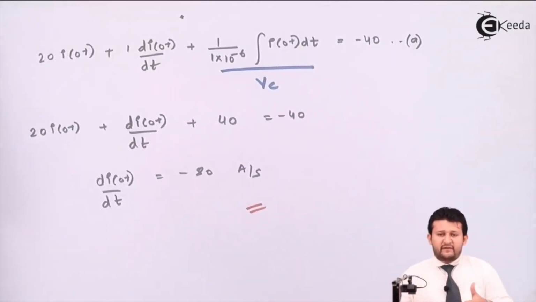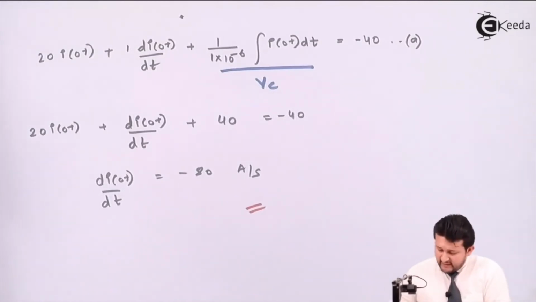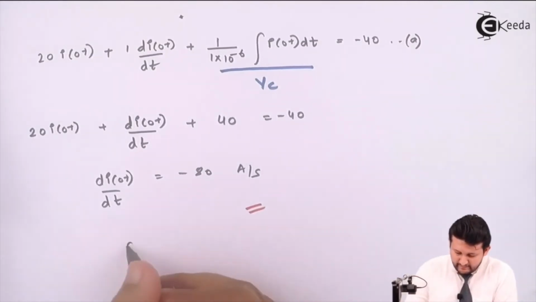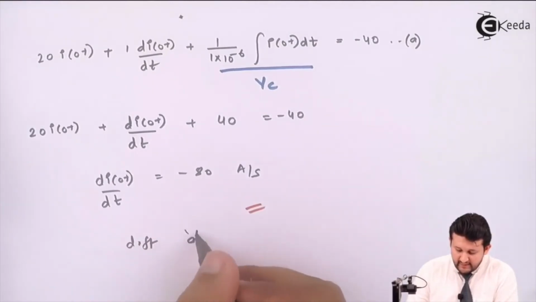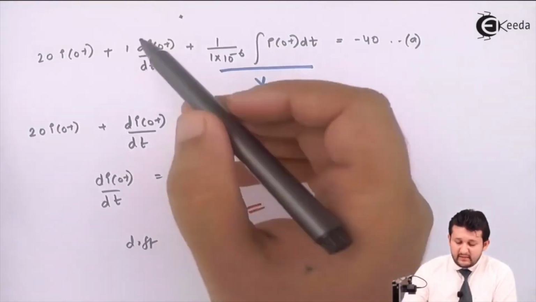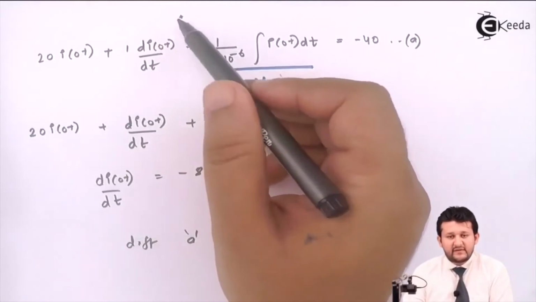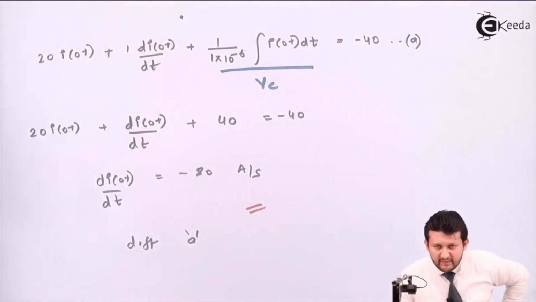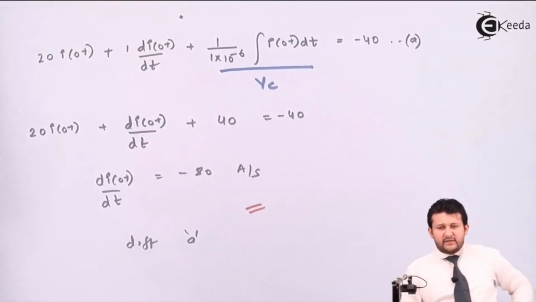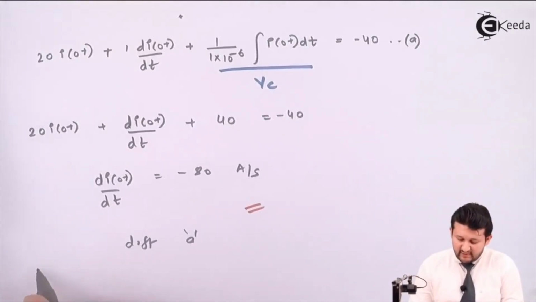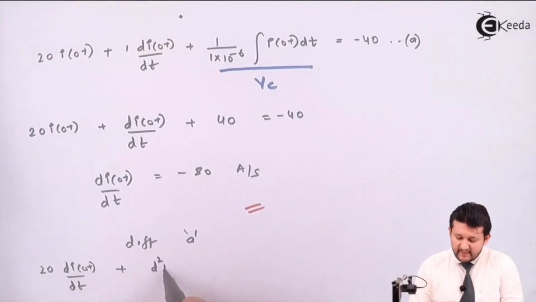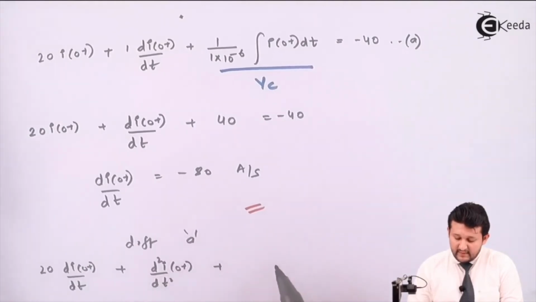So we need to find the value for i, di by dt and d square i upon dt square. For finding d square i upon dt square, I need to differentiate A. Since it is having di by dt, if I differentiate this, I'll be getting d square i upon dt square. So let's differentiate equation A. The equation which you'll get is 20 di upon dt plus d square i upon dt square at 0 plus.